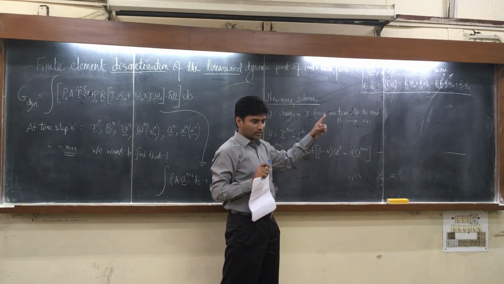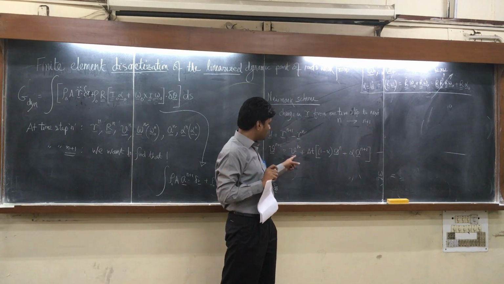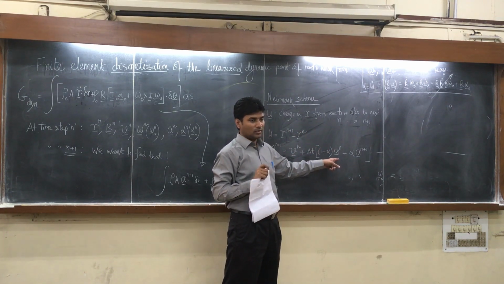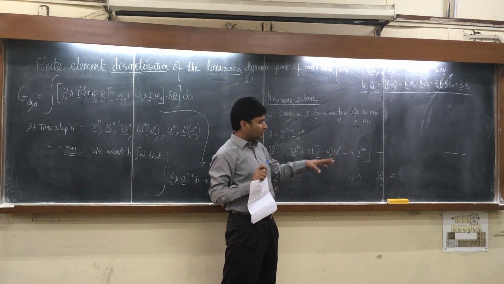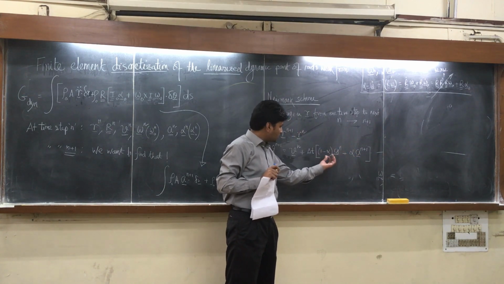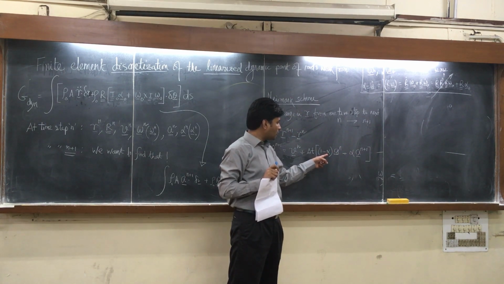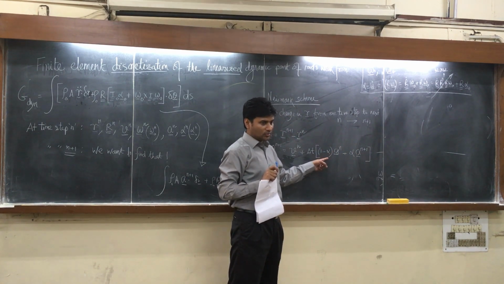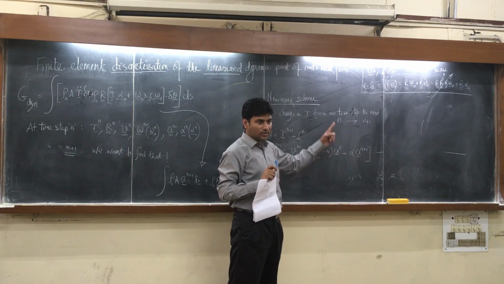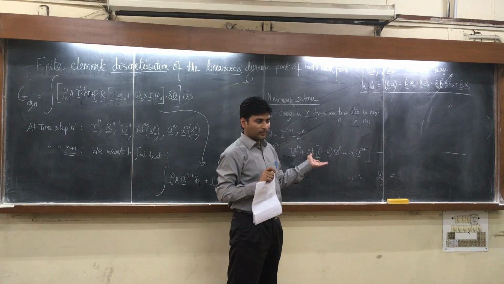The forward Euler, that's an explicit scheme. In that scheme, we say that Vn plus 1 is equal to Vn plus delta t into An. If you have an implicit scheme, then it is delta t into An plus 1. But this is the mixture of those two. You have this alpha. If you make alpha equal to 0, it becomes explicit. If you make alpha equal to 1, it becomes fully implicit. And for any other value, there is the Newmark scheme.